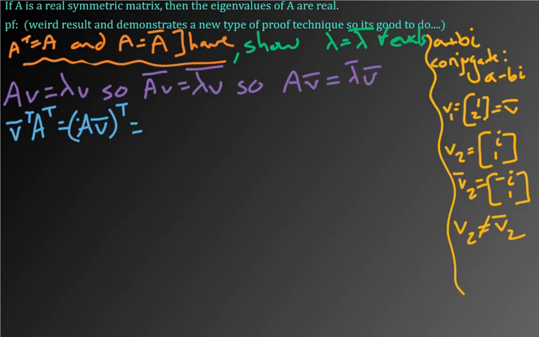And then based on what I have up here, I can take this and substitute it in. So I would have lambda conjugate V conjugate transpose, right? Then I could use socks and shoes again, and I can go back. So V conjugate transpose, lambda conjugate transpose, okay?